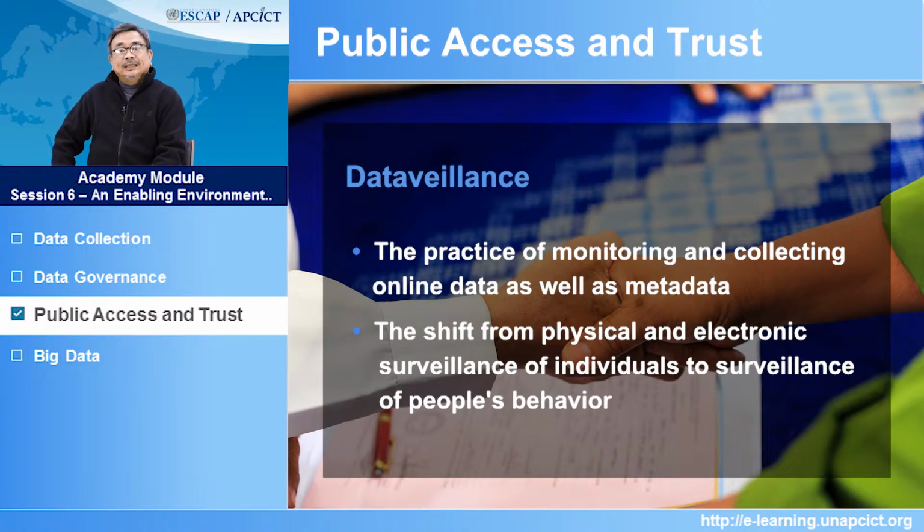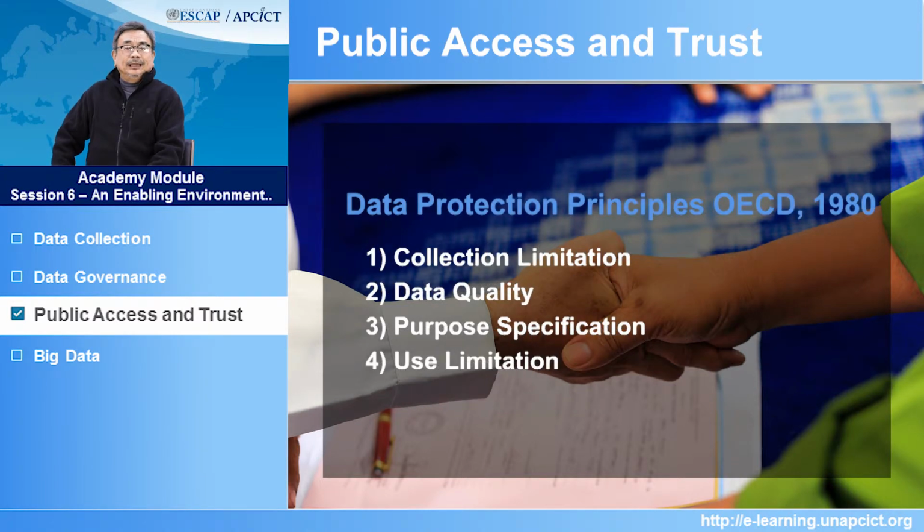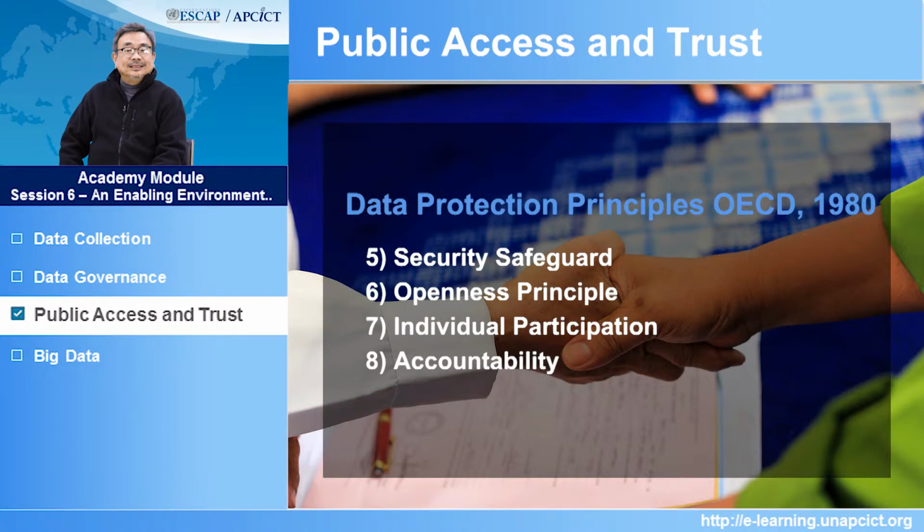Traditionally, strengthening data privacy means legislating data privacy laws. And the most influential set of principles of data protection comes from the OECD Data Protection Principles that were issued in the 1980s. The principles include collection limitation, data quality, purpose specification, use limitation, security safeguards, openness principle, individual participation, and accountability.